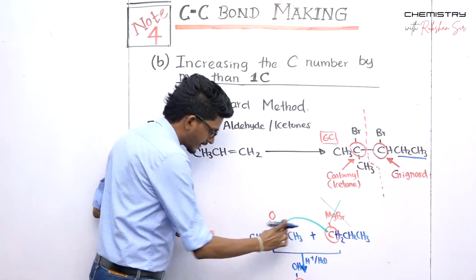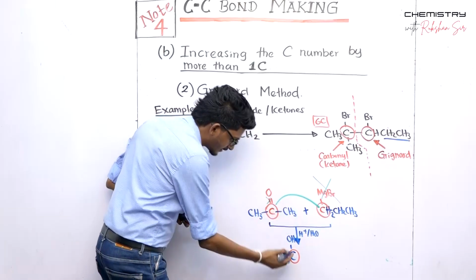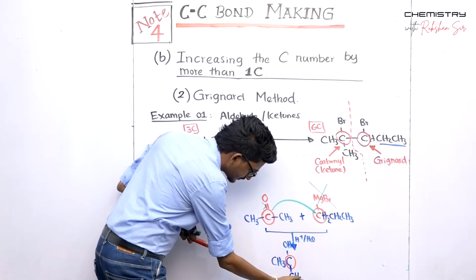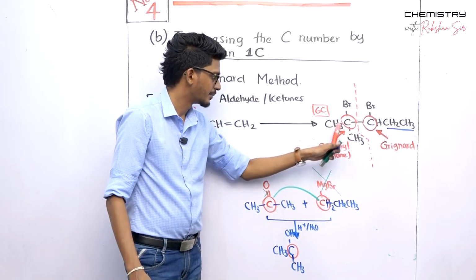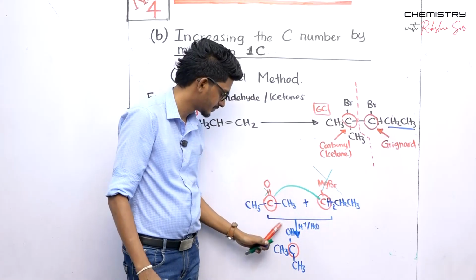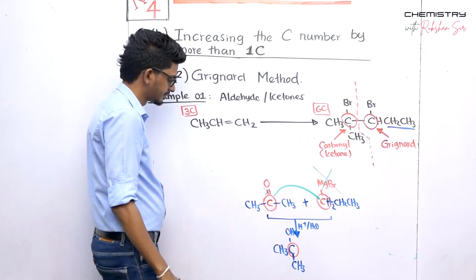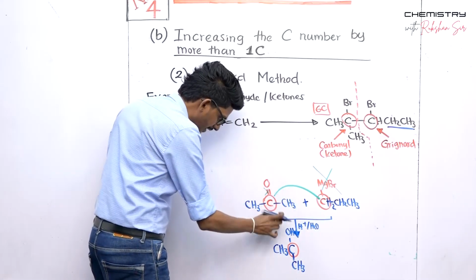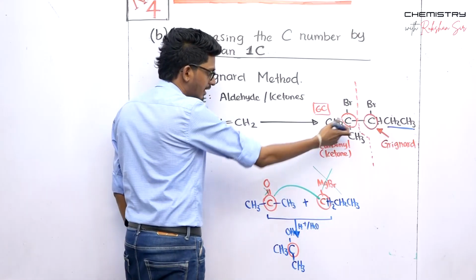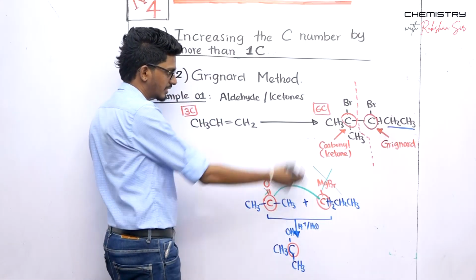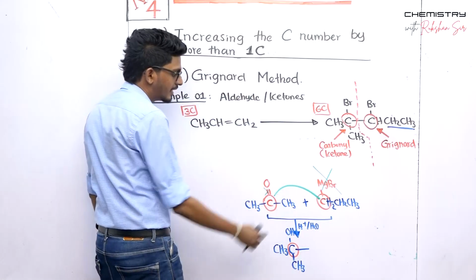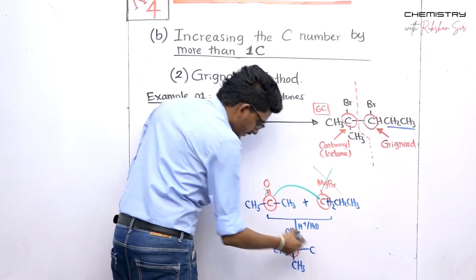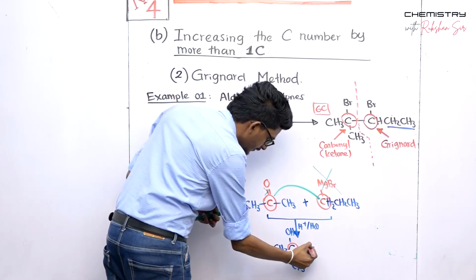Then write this CH3, as you see in the final product, that's CH3, right? Just bend this one and write it as you see in the final product. That is our major task. So to that carbon, the Grignard carbon is connected. This is the Grignard carbon.